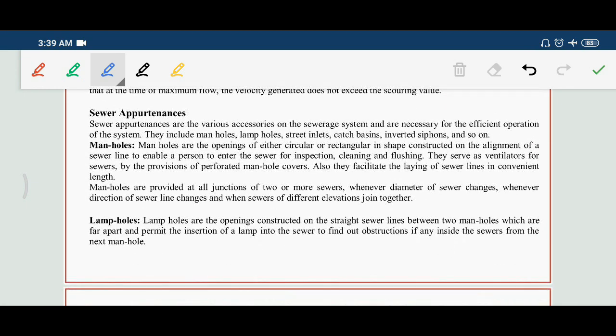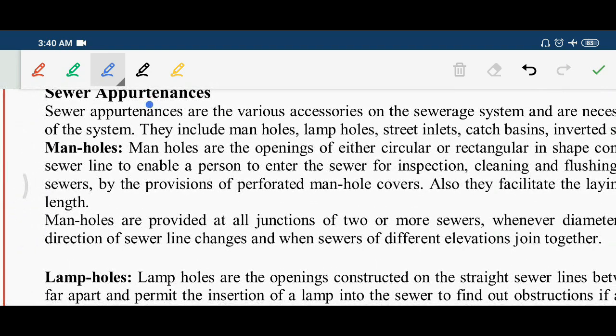Next we have sewer appurtenances, nothing but various accessories used in the sewerage system. The important point is the manhole.